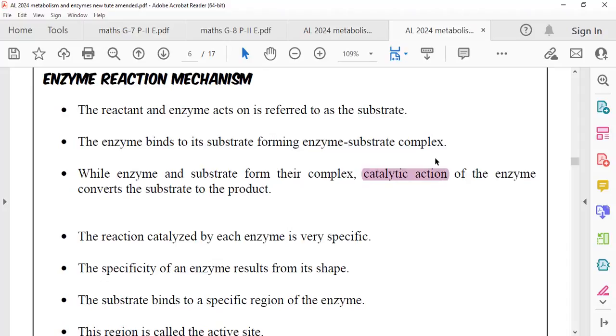If the enzyme substrate complex is not formed, will there be catalytic action? No. Substrate is converted to product. Are you clear?